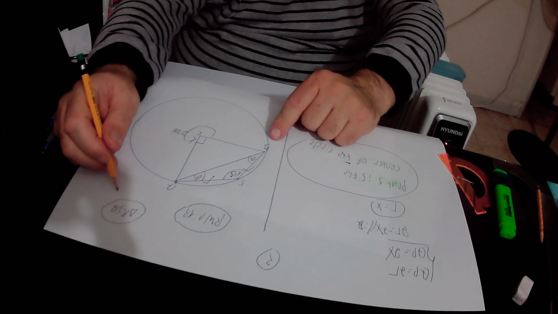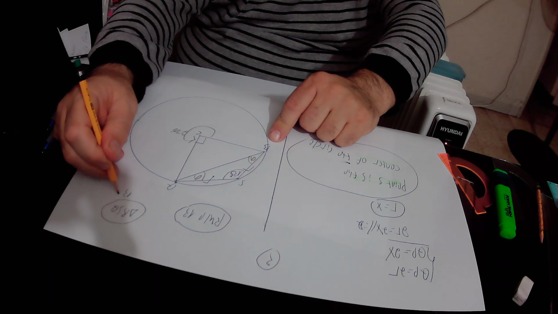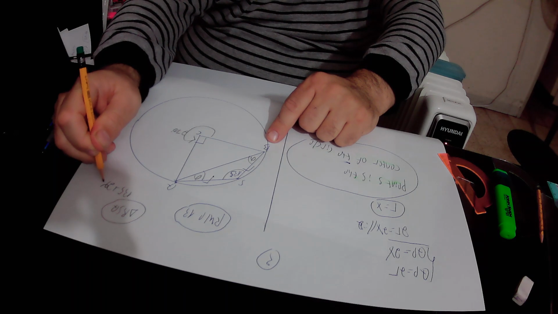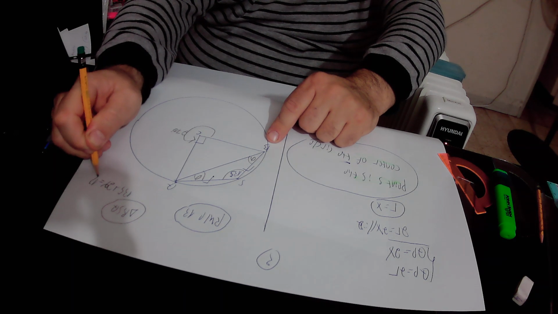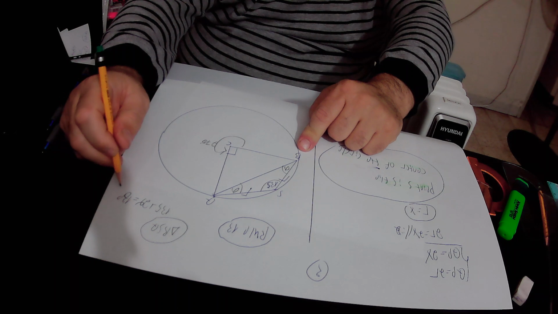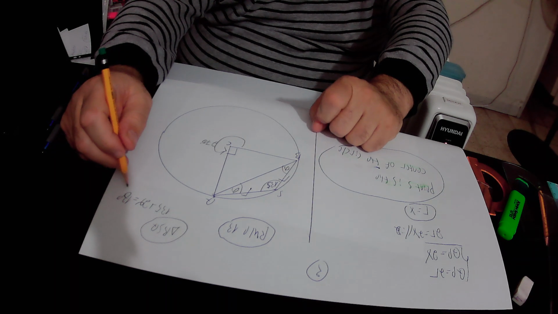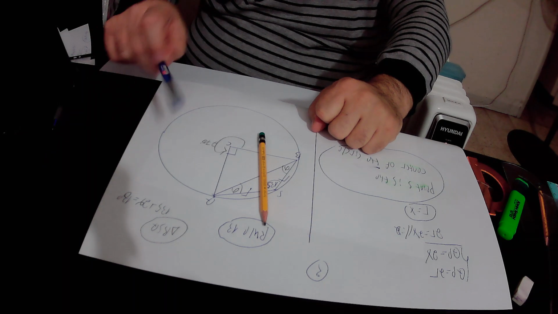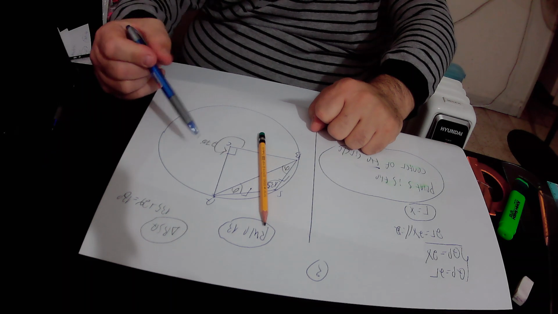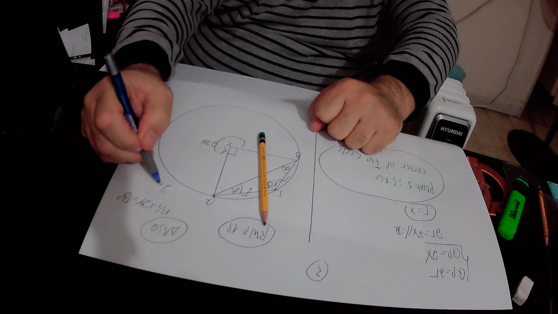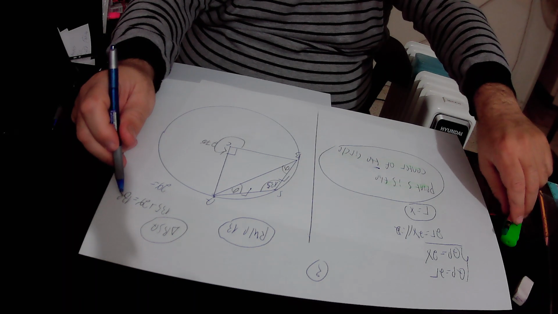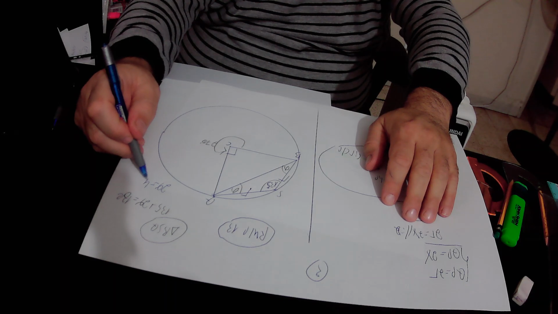So 135 degrees plus alpha plus alpha, that is 2 alpha, in total must be equal to 180 degrees. Here we subtract 135 degrees and we get that 2 alpha equals 180 degrees minus 135 degrees, which is 45 degrees.